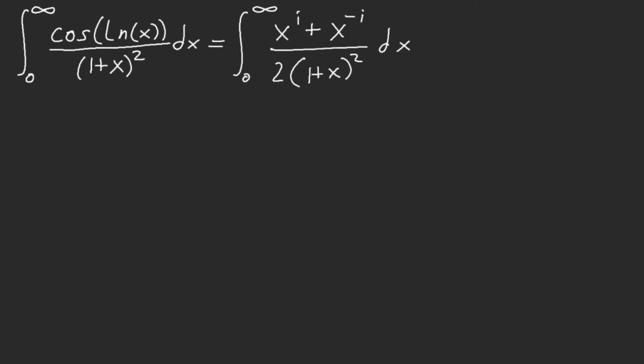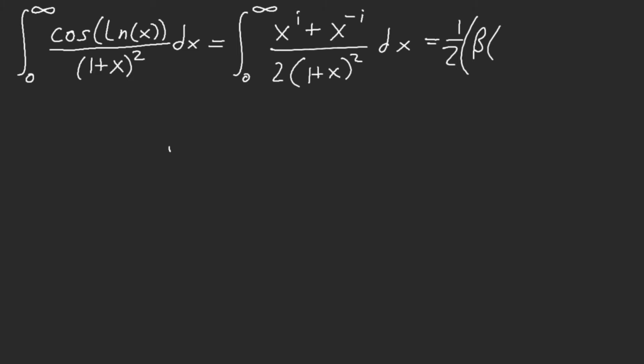So if you just split this into two separate integrals, you would have two different beta functions, right? So let me just write it right here. We have a half, and this first beta, we have what?